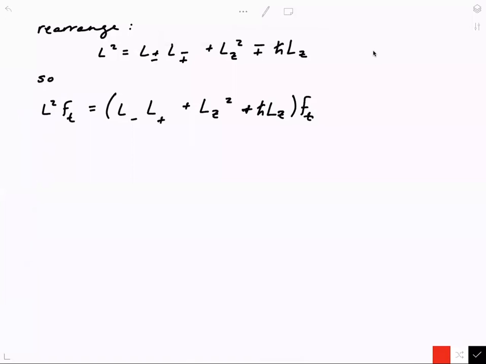So if we apply a lowering or a raising operator, then a lowering operator, the raising operator applied to ft is going to give us a 0, right? That is coming from, we're saying this applies first when we distribute that function into all these operators. And so we get a 0 there. Then we've got Lz squared applied to ft.